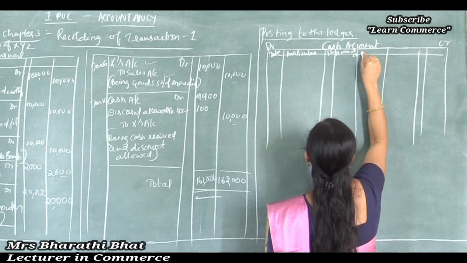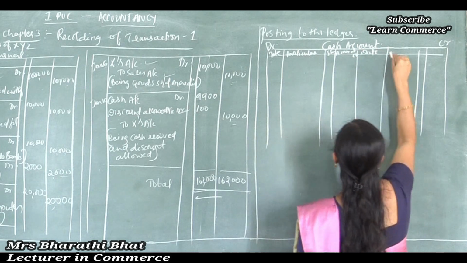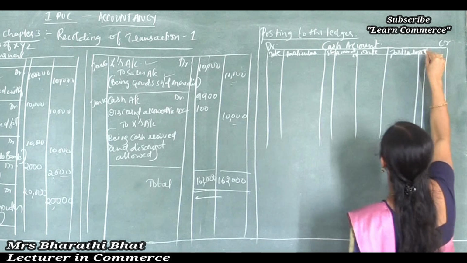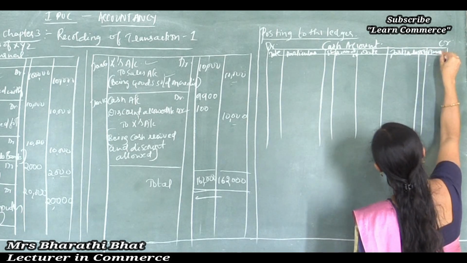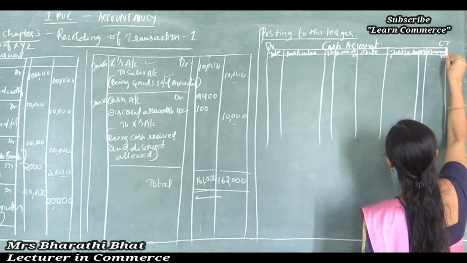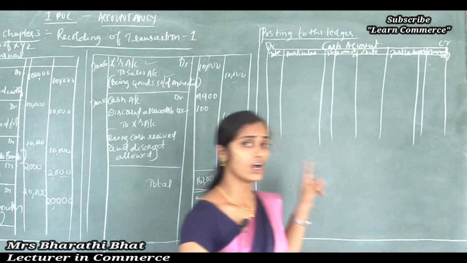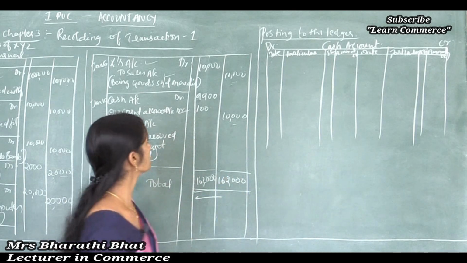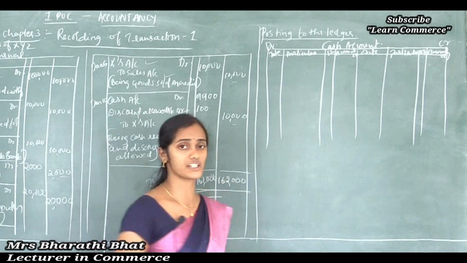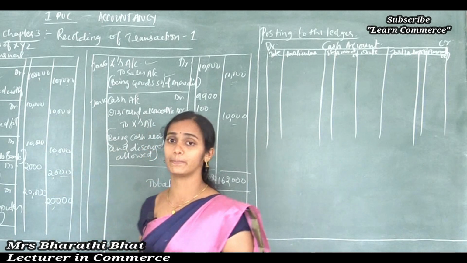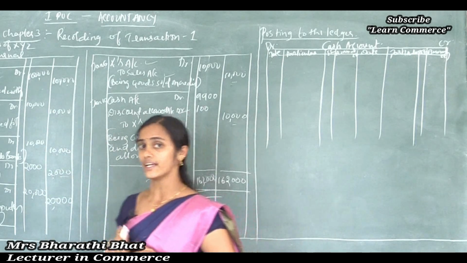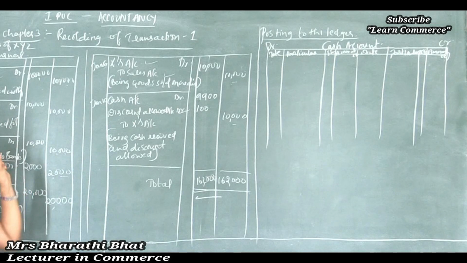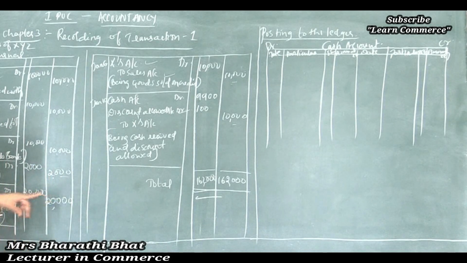Date, particulars, JF, amount in rupees, and you should fill all the columns of all the ledger accounts. Got it? And the first one, see the first one, cash account debited to capital account.